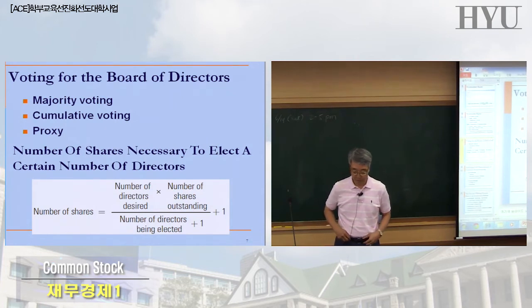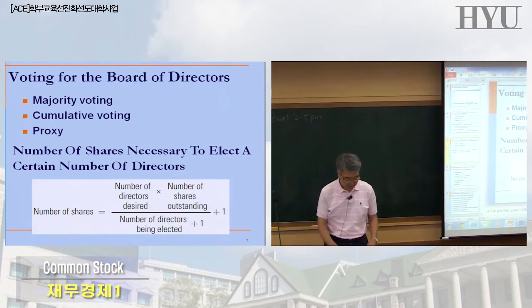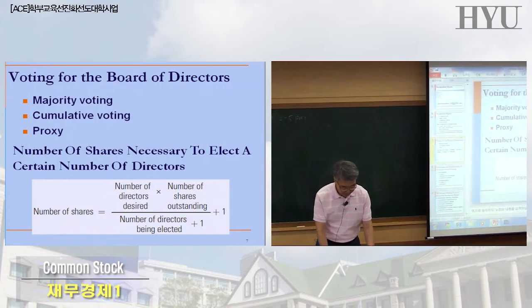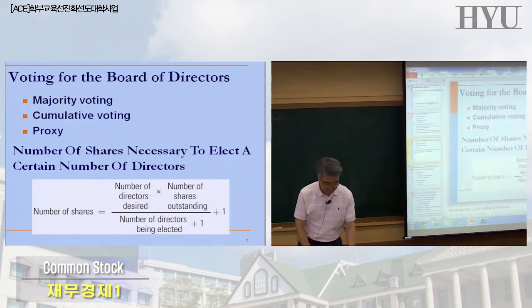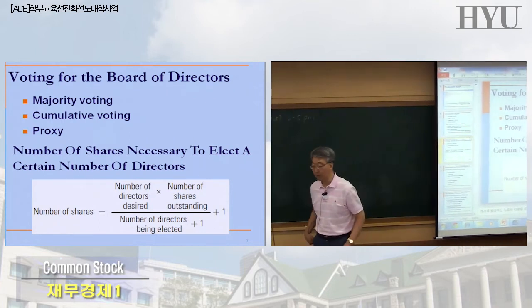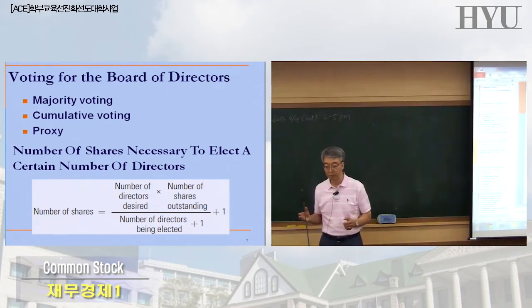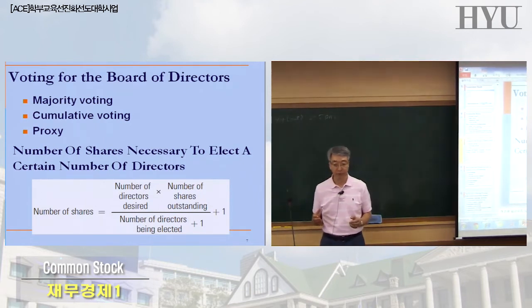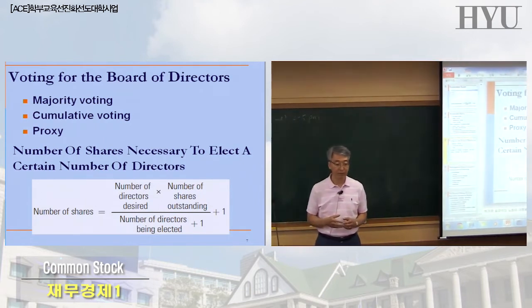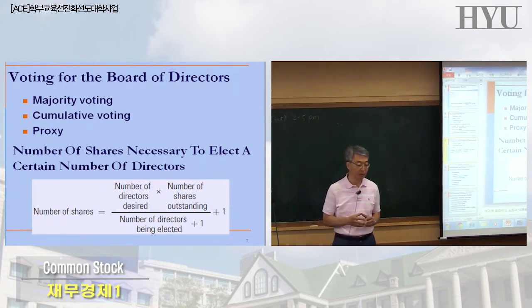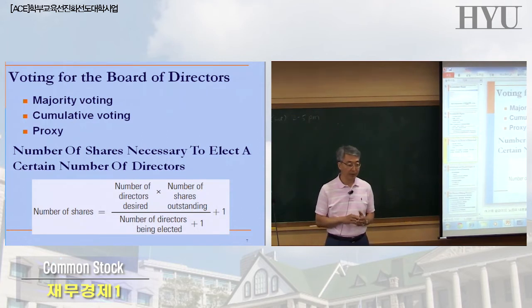Cumulative voting means people get an equal number of votes as the number of people being elected. So if you are electing 5 people out of a 7-member board or 9-member board, then everybody gets 5 votes.